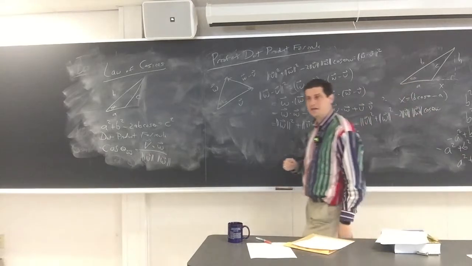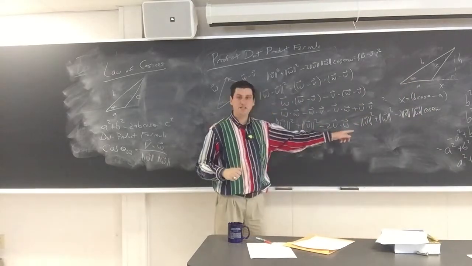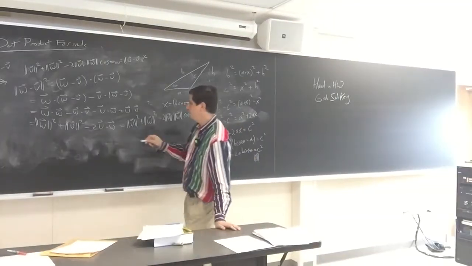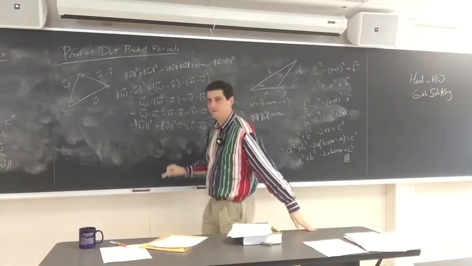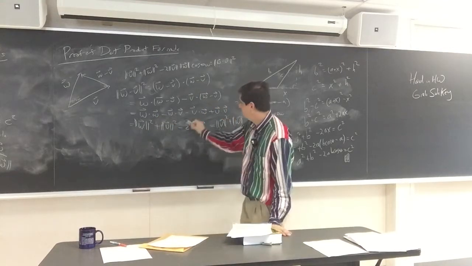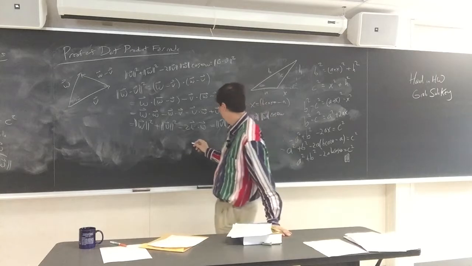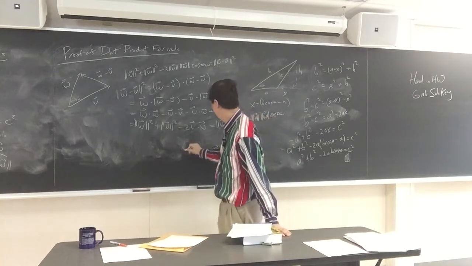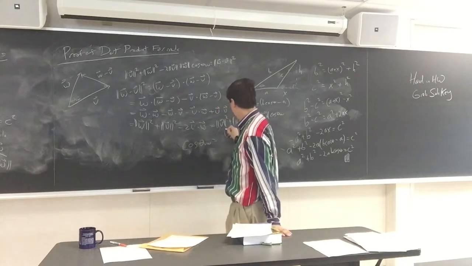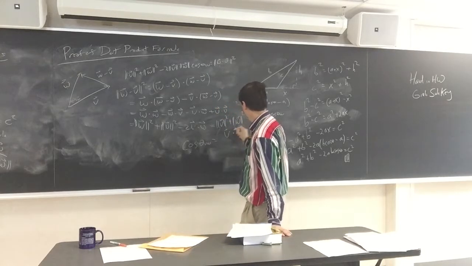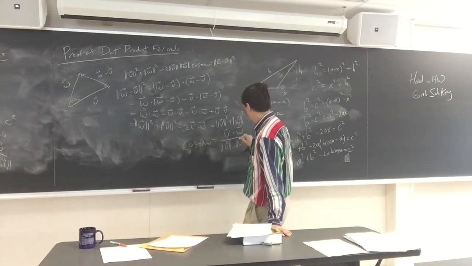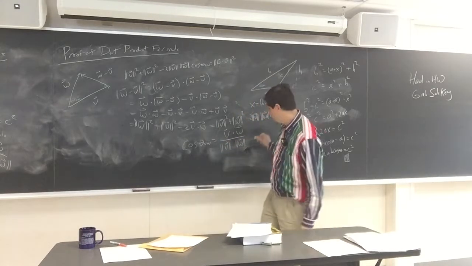And now we just start doing massive cancellations. Both sides have a length of v, so we can cancel. Both sides have a length of w, so we can cancel. Both sides have a negative 2, so we can cancel. And we're left with cosine theta vw is v dot w over the length of v, the length of w, which is what we wanted to show.